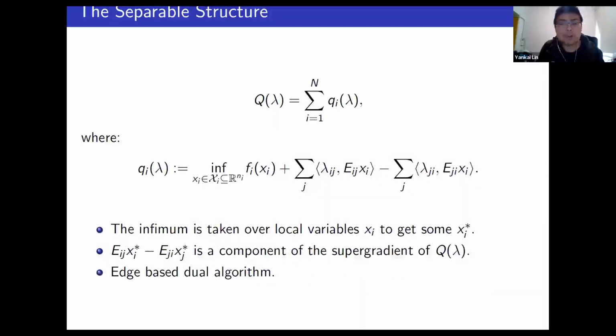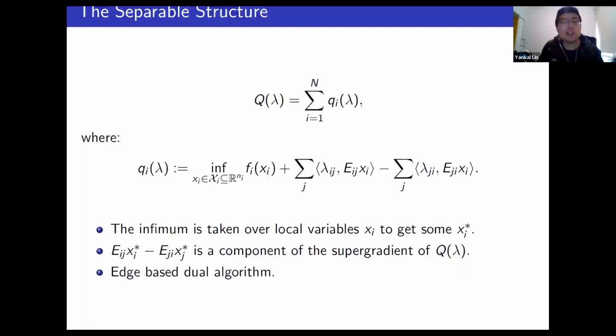That means if agent i talks to agent j, so that agent i has information of both xi star and xj star, then agent i has access to a component of the supergradient of the dual function q(lambda), which means agent i can perform an update locally on a component of the dual variable. That's basically the motivation of our distributed dual algorithm.